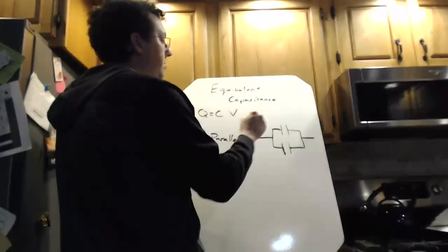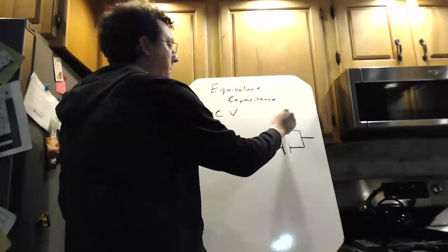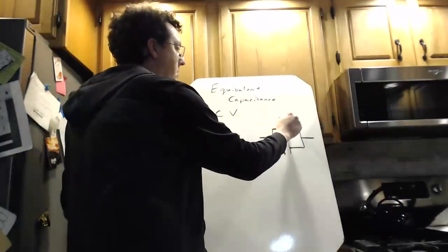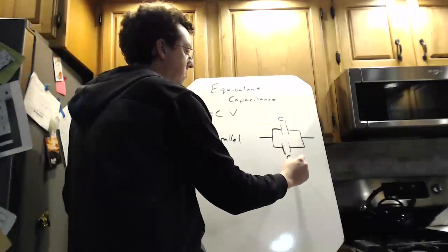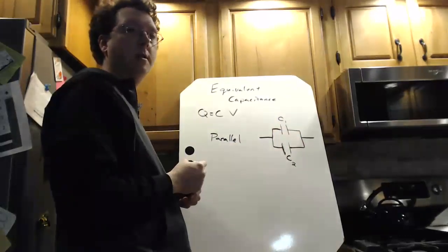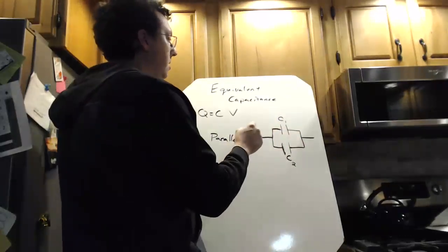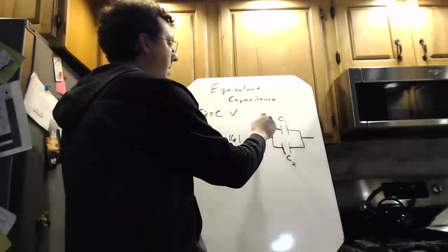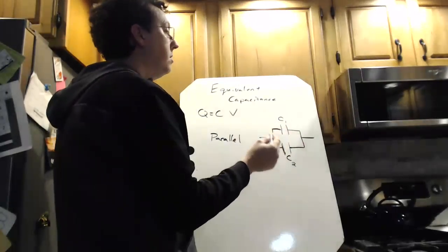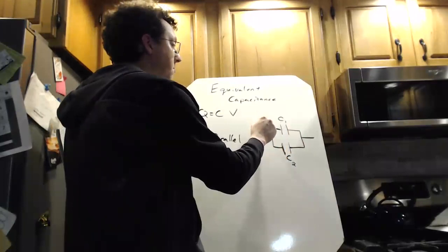And what you could imagine is that you have capacitance C1 and C2, just two numbers. They could be arbitrary. And furthermore, we could imagine maybe it's hooked up to a battery or some other component.